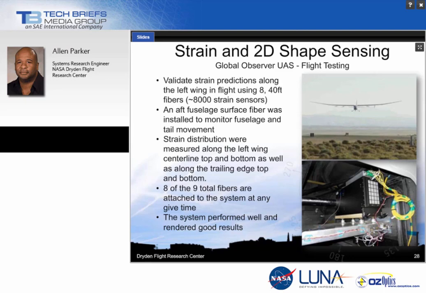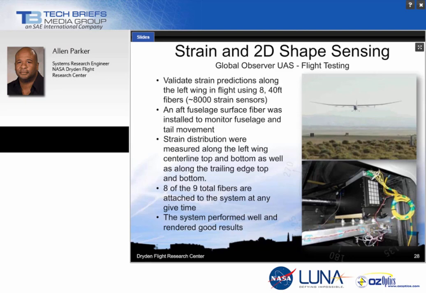We have designed and built an 8-channel system that flew on SOCOM's, or Lance mentioned AeroVironment's, Global Observer vehicle. We instrumented the left wing of that vehicle with 8 fibers, in somewhat the same configuration that we did on the wing load test that was performed on the ground.